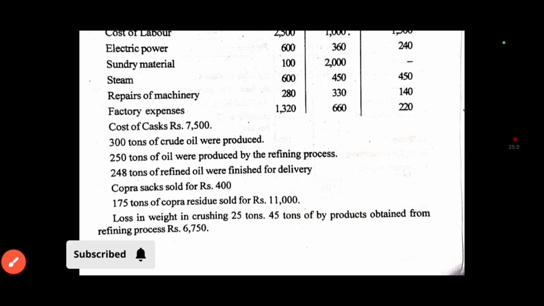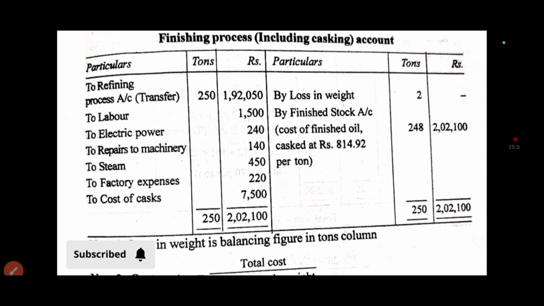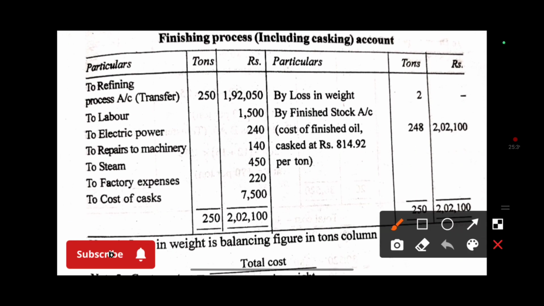The output ton is 248 tons ready for delivery at the end of the finished product. So you are going to enter 248 tons. Against this value you are going to write 'by finished stock'. That finished stock at the end of the finished product we have is 248 tons.